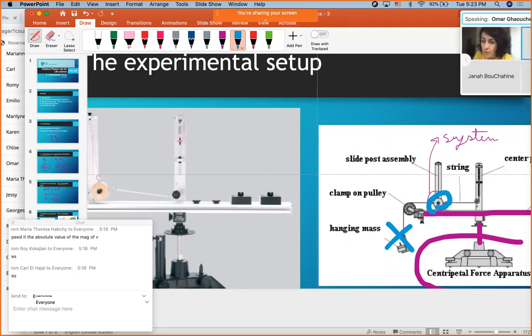Yeah, the system is going to move a bit to the right. All right? Okay, now I'm going to remove the hanging weight and I'm going to remove the pulley. The system is going to move to the right and I'm going to rotate the platform. When I rotate the platform, do you think my system is going to stay as is or move out or move in?